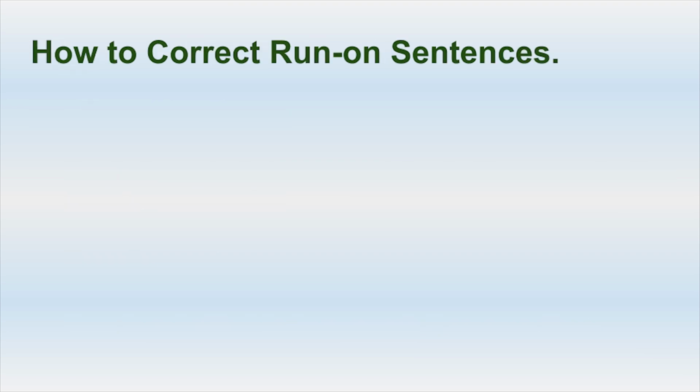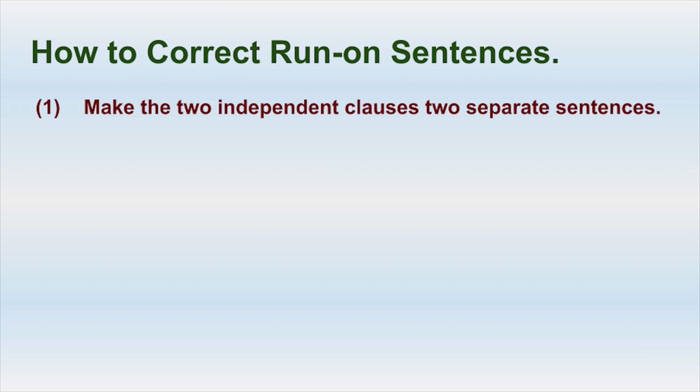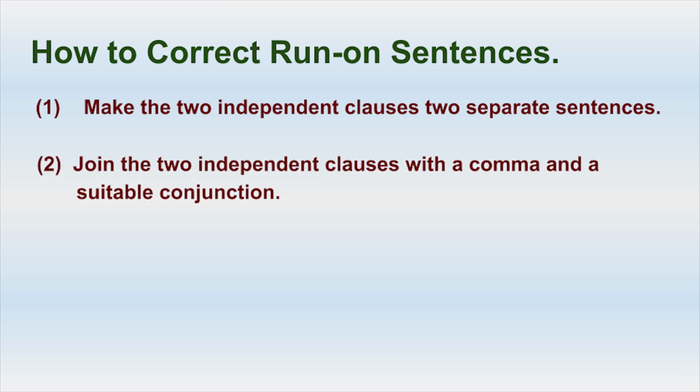So how do we correct run-on sentences? Run-on sentences may be corrected in several ways. These methods may be used for both the fused sentence and the comma splice. 1. Make the two independent clauses two separate sentences. 2.